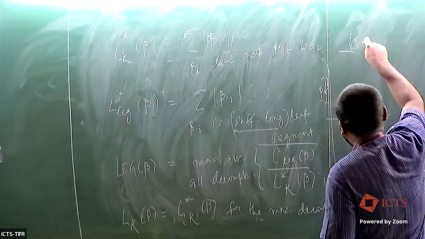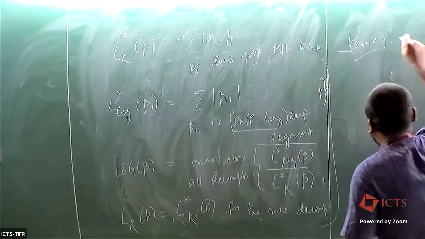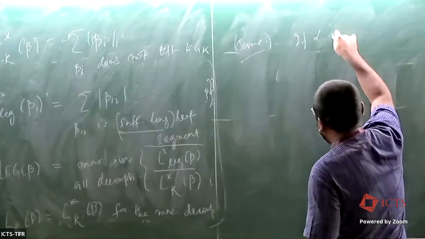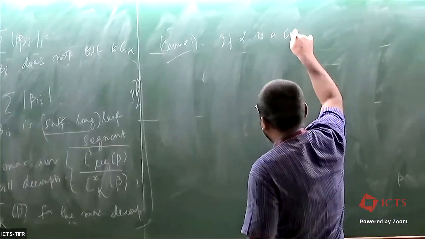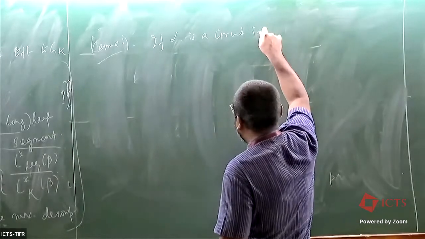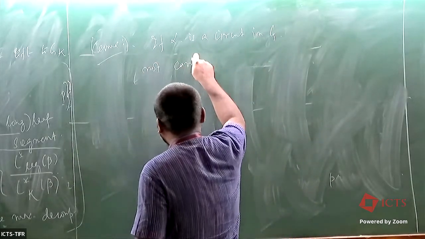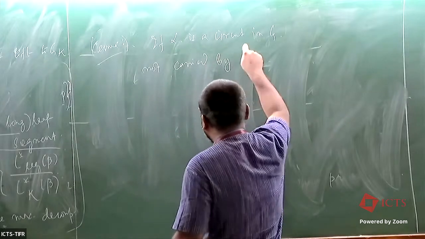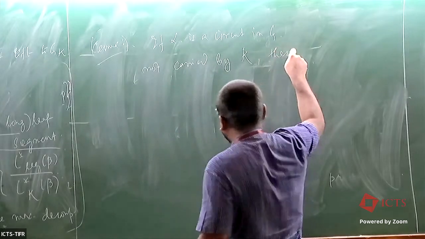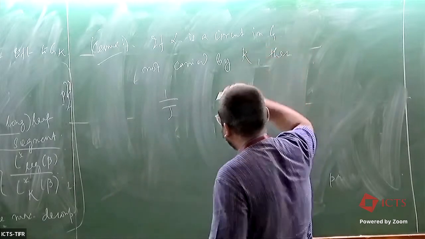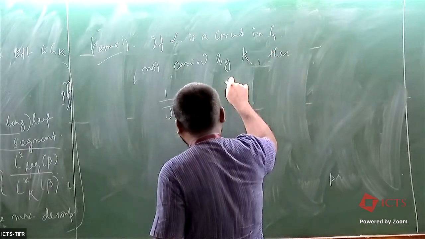The crucial lemma here is that if alpha is a circuit in G not carried by K, then you have 1 over J, okay, just write it.